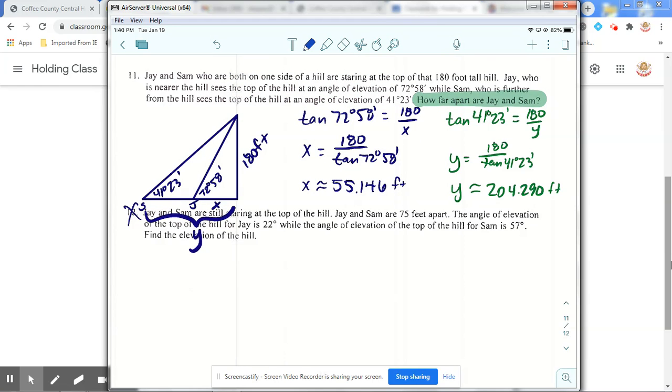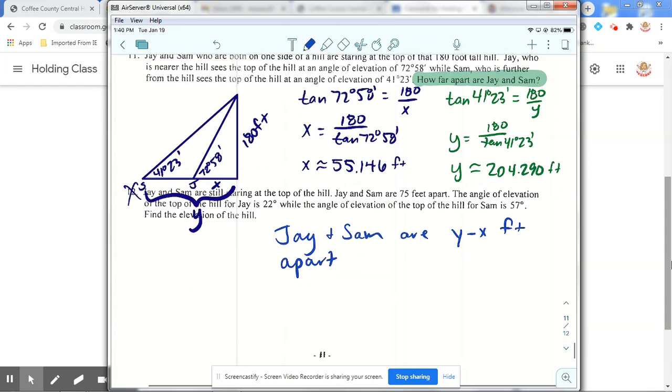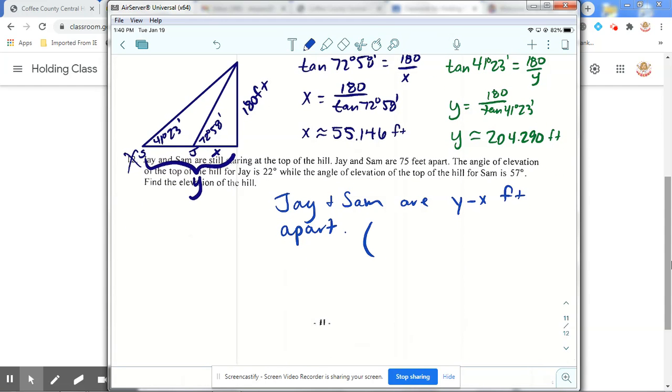So to figure that out, we would need to do Y minus X. And Y minus X is going to be 149.144 feet apart.